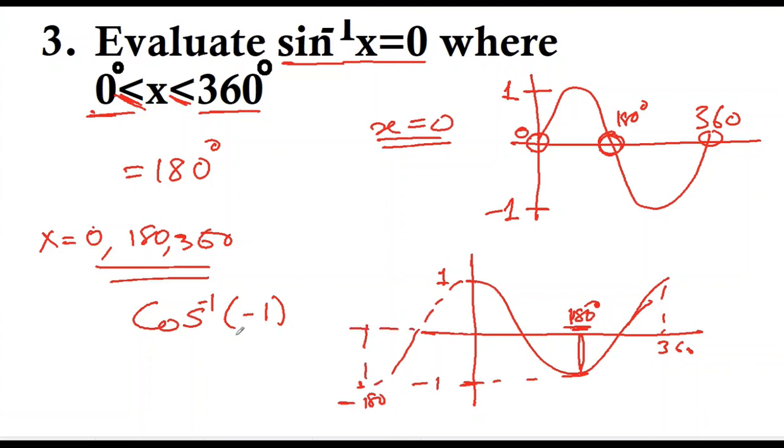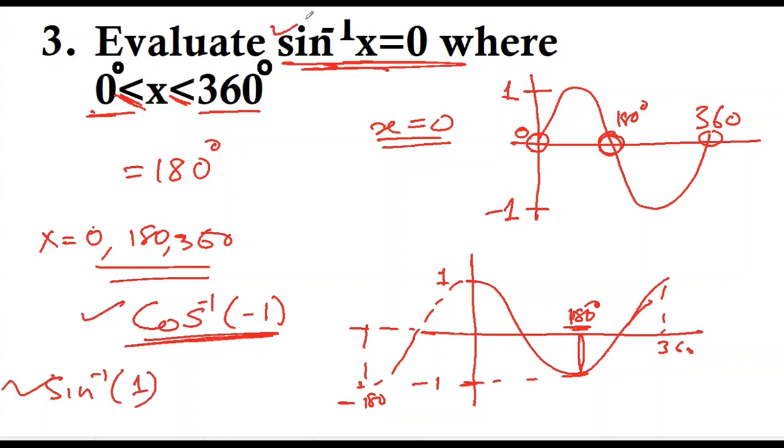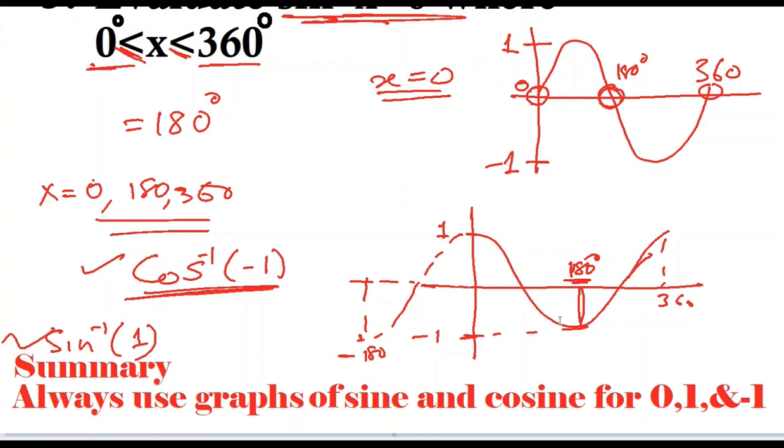So it's not necessary that your calculator will give you the answer you want or in the domain you want. So always remember these two graphs to evaluate sine or cos inverse 0, sine or cos inverse -1, or sine or cos inverse 1. These 3 cases, always use the graph of sine and cosine for 0, 1 and minus 1. That is the summary.